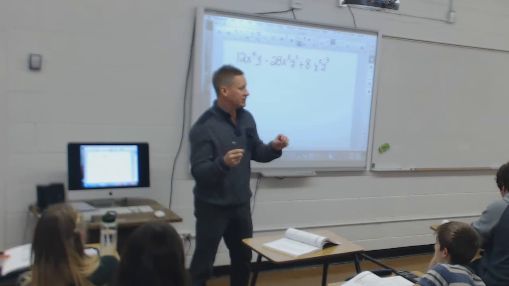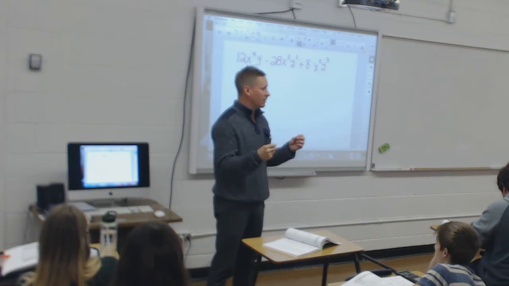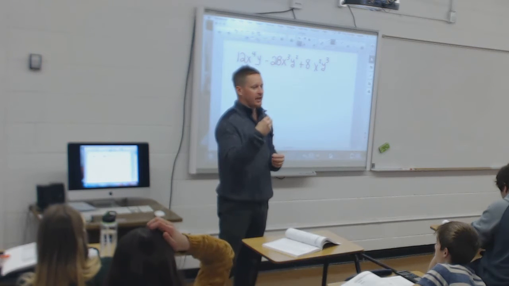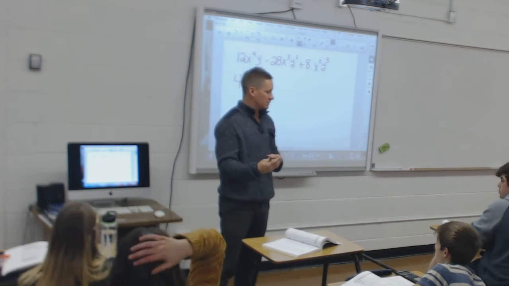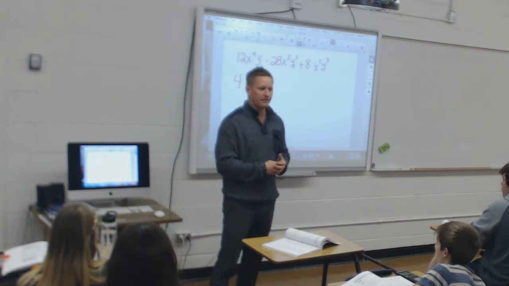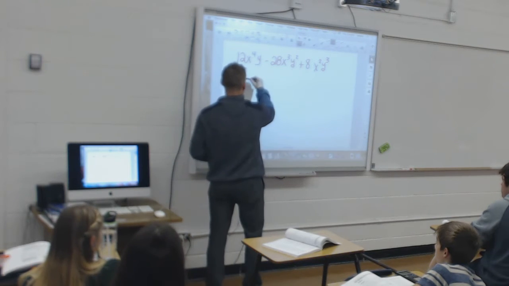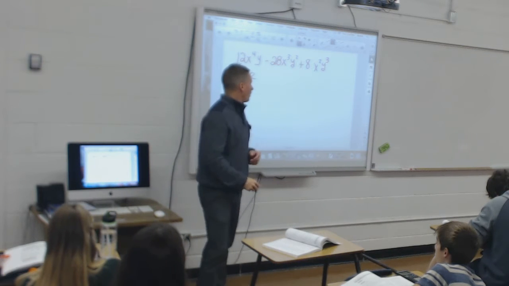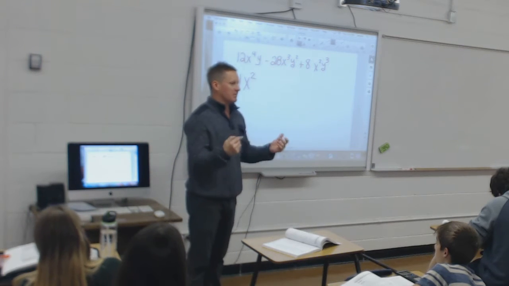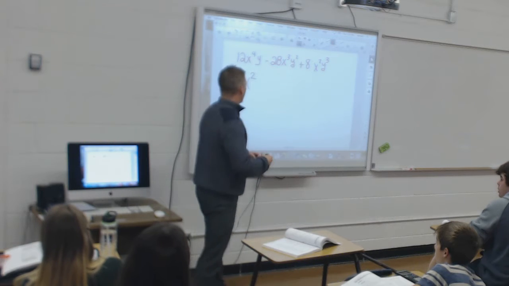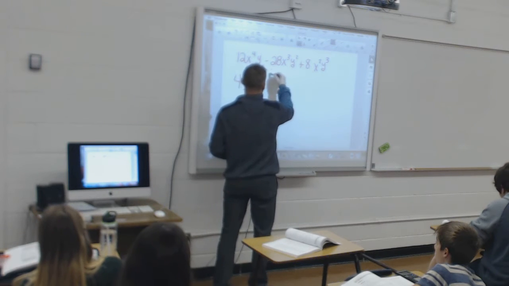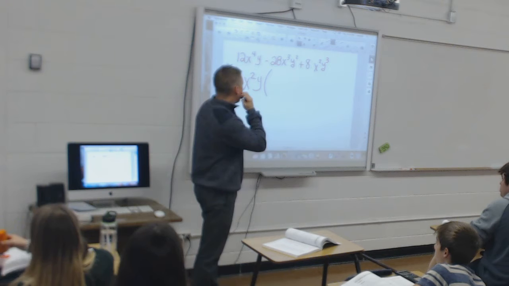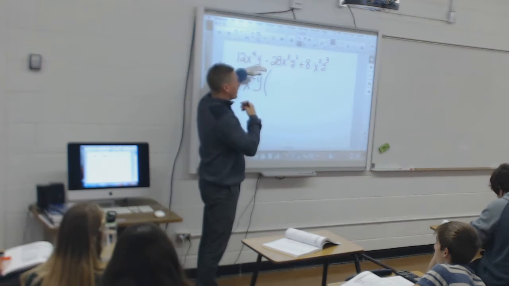What did I just finish saying less than 2 minutes ago? When it comes to variables, you take the smallest exponent. So let's take an x squared out of there. And then I've got y squared and y cubed. What is the smallest one there? Y. So now I am dividing 4x squared y out of this.